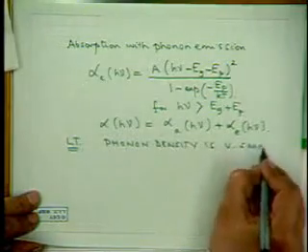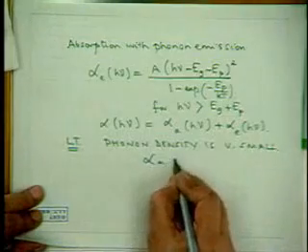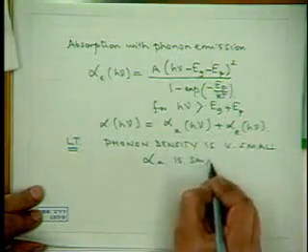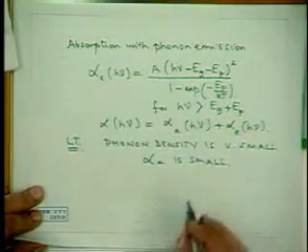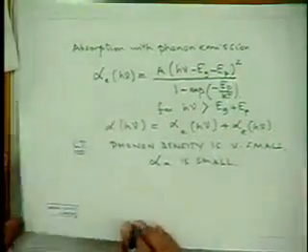So there are very few phonons for absorption, therefore alpha A is small, and it's mainly phonon emission that occurs.